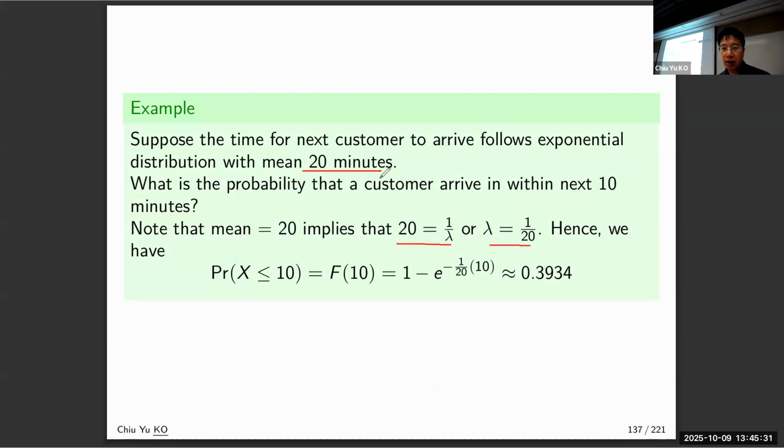And some of you may wonder how you get this number. Of course, maybe it comes from an engineer, maybe from your data. The 20 minutes can be from your data. Your historical number is 20, okay?